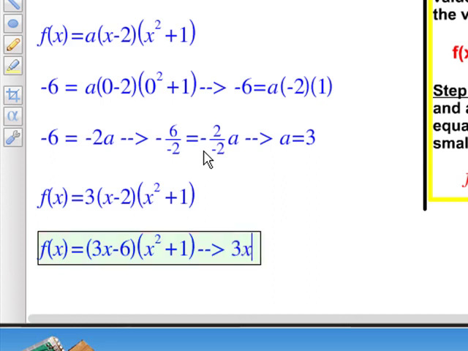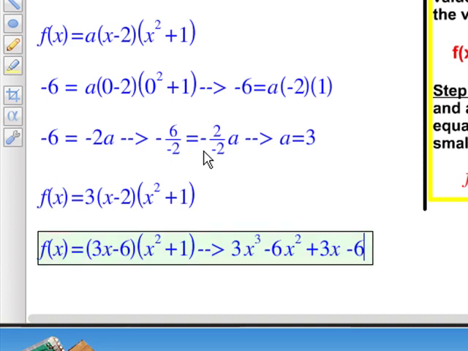Which will end up getting 3x cubed minus 6x squared plus 3x minus 6.